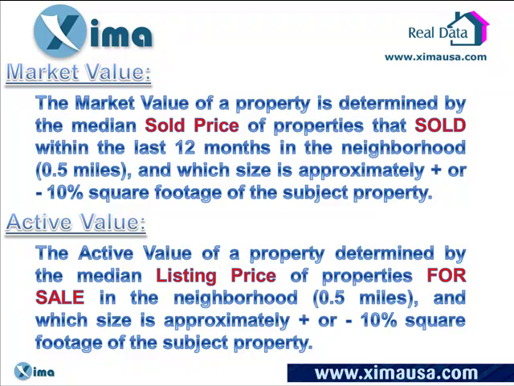So the main difference between market value and active value is that market value is calculated with respect to the median sold price of properties that sold, and active value is calculated with respect to the median listing price of properties actively for sale. So those are active listings that real estate agents have put in the market.